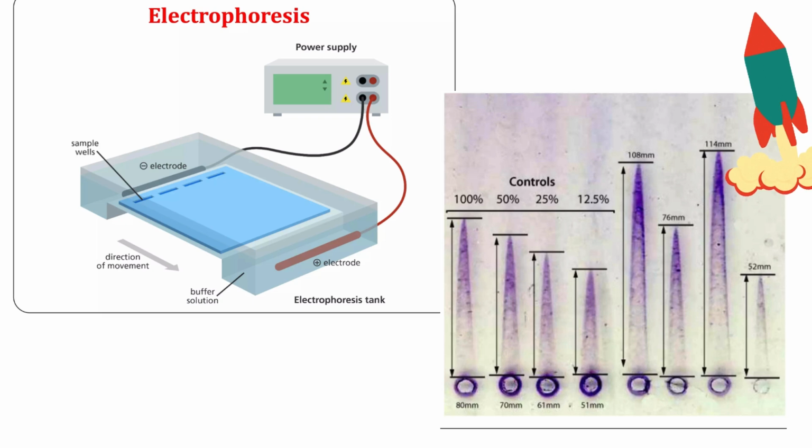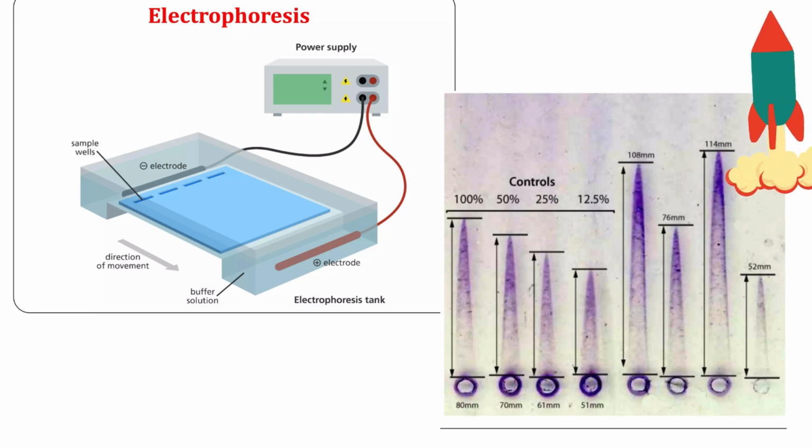The medium of our electrophoresis setup is often a gel like agarose or polyacrylamide, and this provides resistance, causing small molecules to move faster than larger ones. An electric current is applied, which creates a potential difference that drives the migration of the charged molecules through the gel.